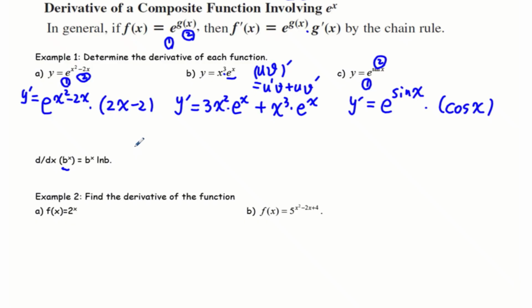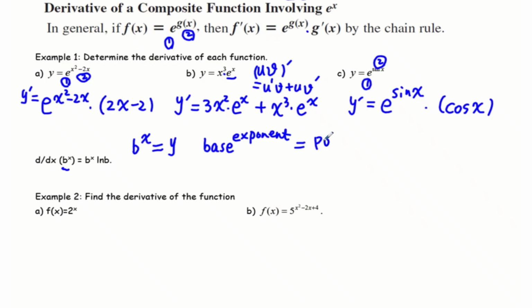We could think that b to the exponent x equals another number y, okay? Then we want to change it to base e.